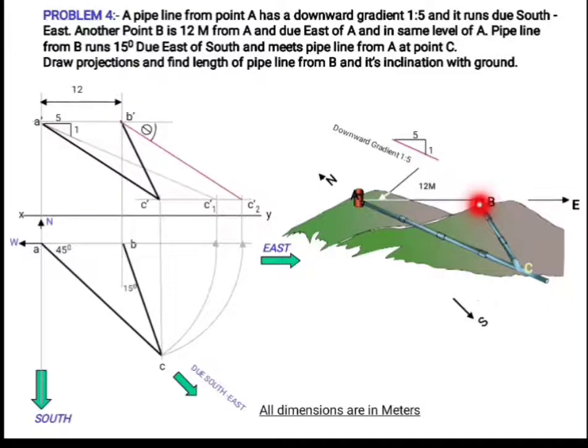Actual length of the pipeline BC is represented by B dash C2 dash, which is the required answer. And the actual slope of the pipeline BC will be angle theta, which can be measured from the projection.